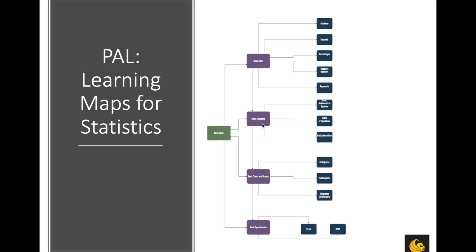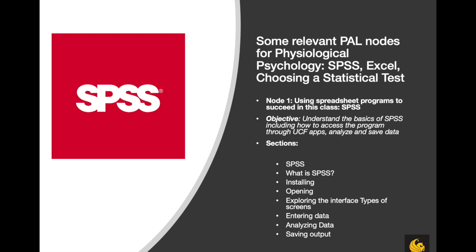We've got the basic equations here, which includes order of operations and basic mathematical symbols. Down here we've got basic charts and graphs, which includes histograms, scatter plots, and frequency distributions. And down here we've got the basic spreadsheet modules, which includes Excel, and the one I'm going to go over for this review, which is SPSS.